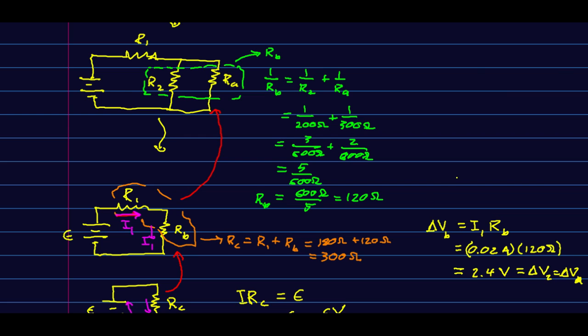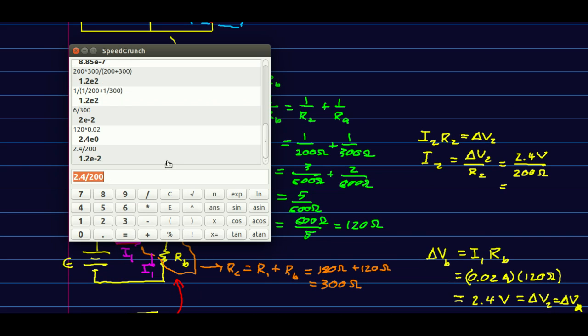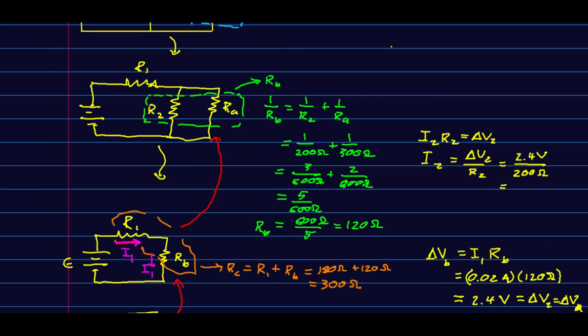So they have the same voltage. That's going to let us find I2, because I2 R2 is delta V2, and so I2 is just delta V2 over R2, which is 2.4 volts over R2, which is 200 ohms. And so that's 0.012 amps.